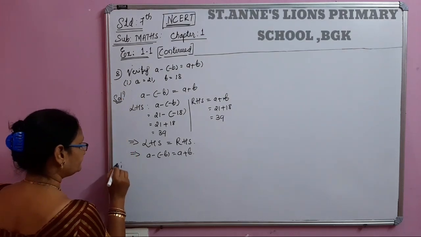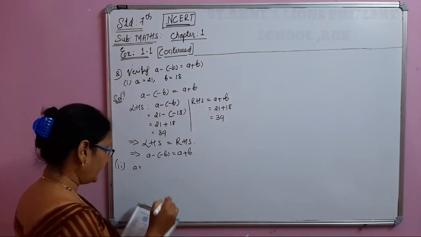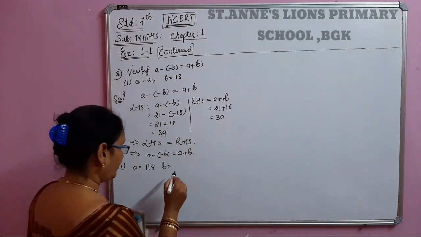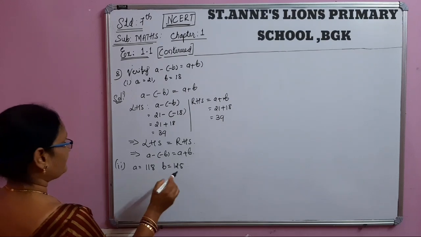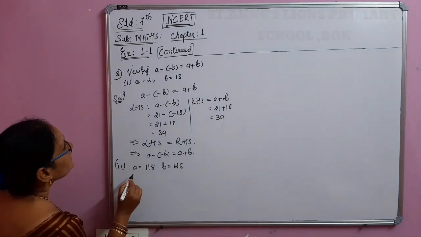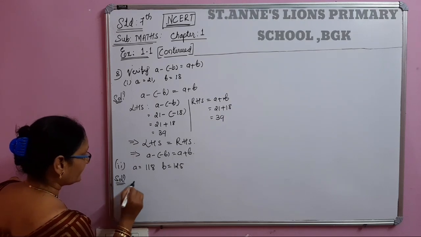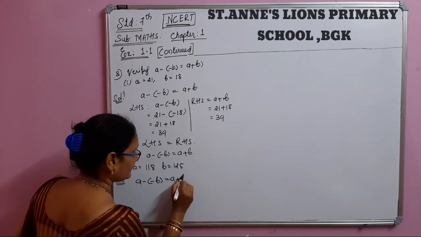Second one, a is equal to 118, b is equal to 125. Okay. Now what is the given relation? Given relation is a minus of minus b is equal to a plus b.